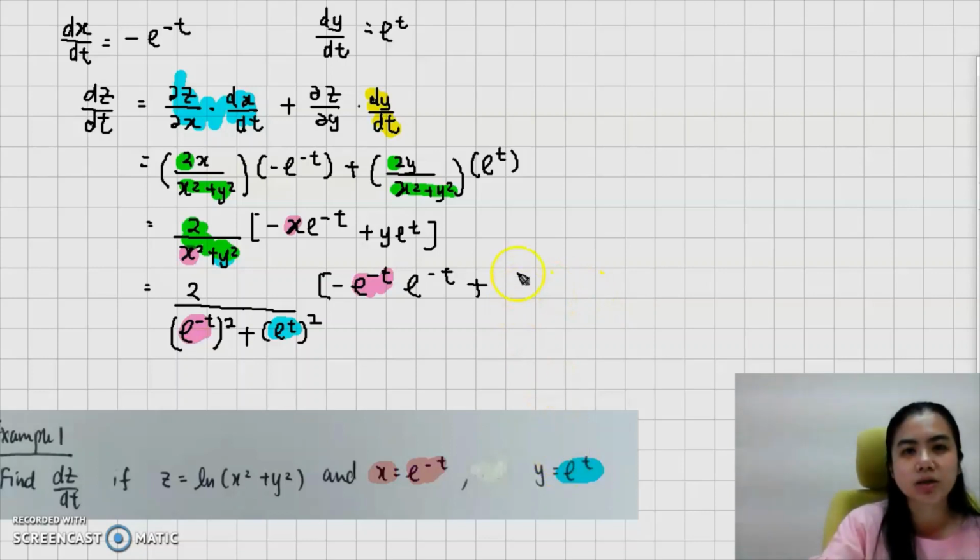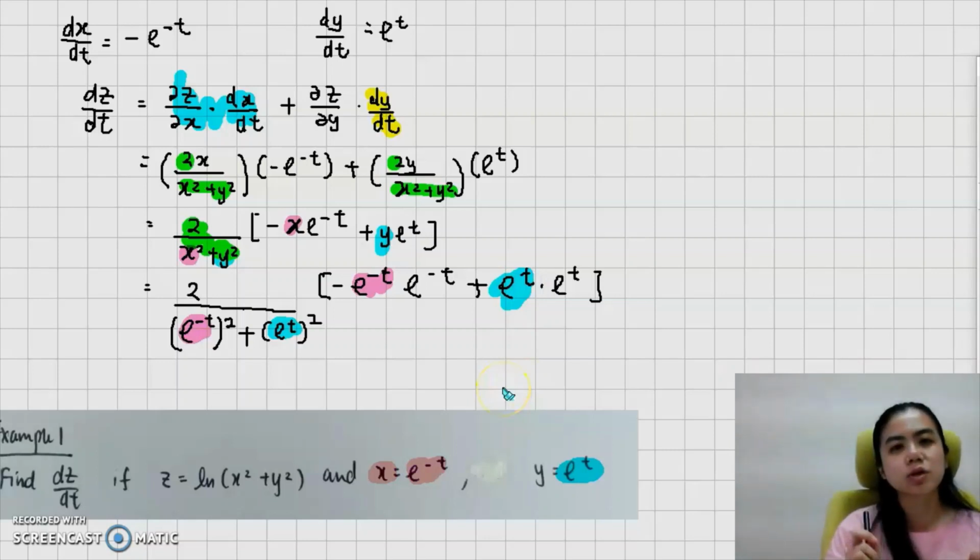The y is actually your e to the t, and you have the e to the t here again. This is the y. So basically just do the substitution. After you have done the substitution, you can see that all the x and y disappear. We only have t inside the equation. But simplify it.